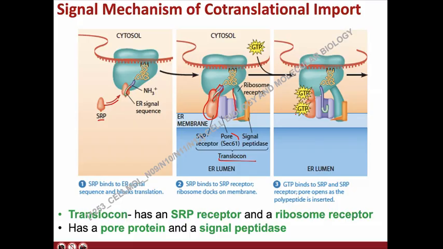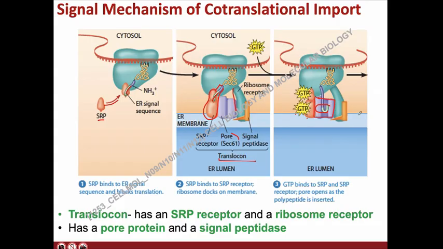And once GTP binds, it will allow for the unblocking. Earlier it was blocked when the SRP bound the signal sequence while also attached to the ribosome. So now, with GTP, it unblocks the translation process and causes the transfer of your signal sequence to your pore protein.